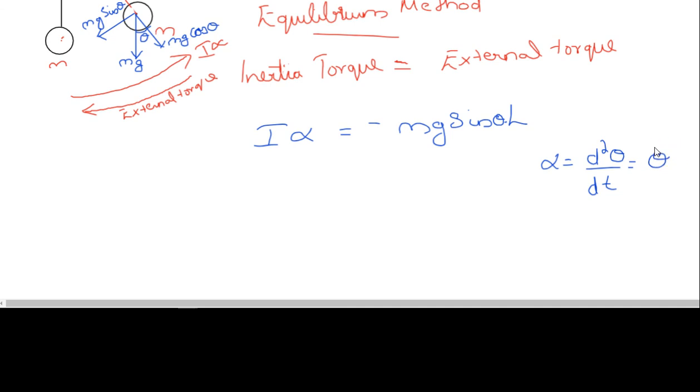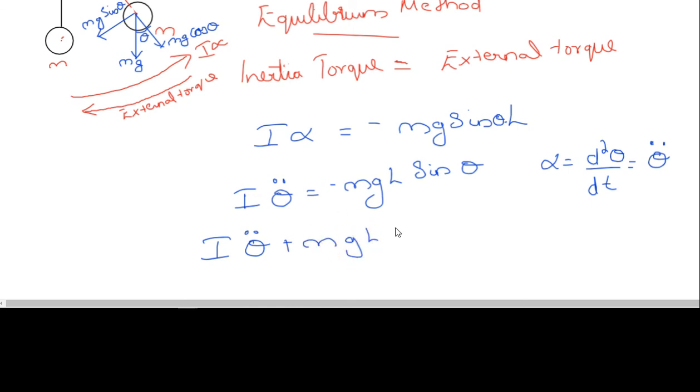In the notation used in vibration, that is theta double dot. So I am writing it as I theta double dot is equal to minus mgL sin theta, or we can write it as I theta double dot plus mgL sin theta is equal to 0.